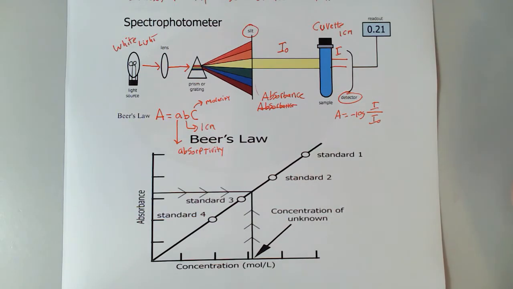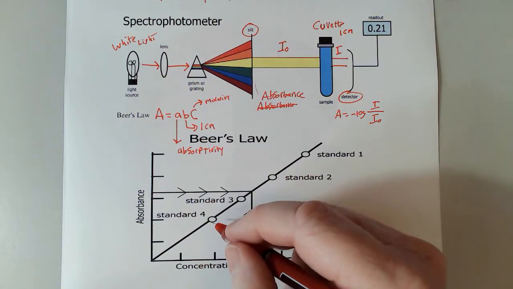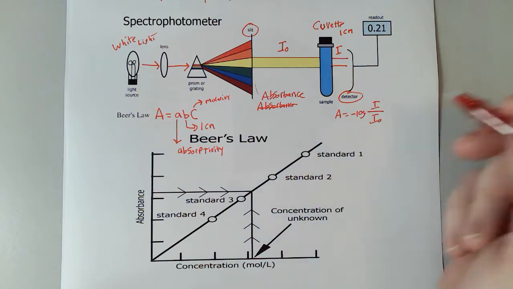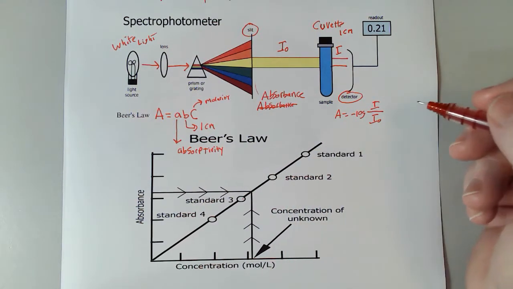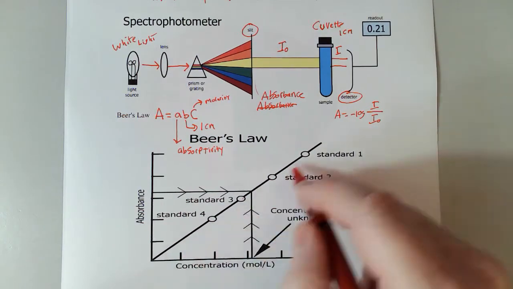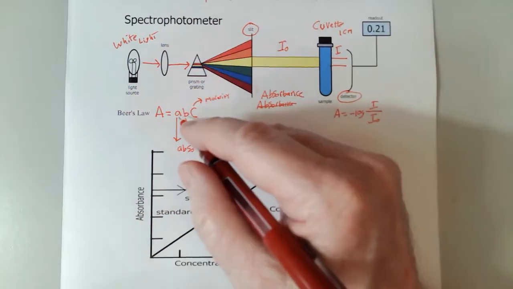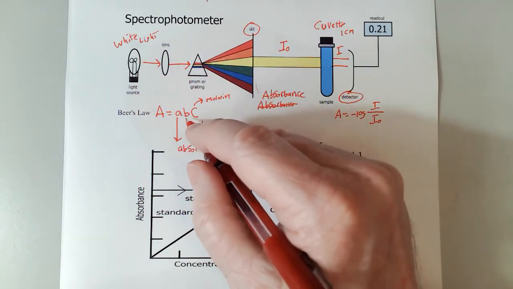So what you're seeing here is you have a linear equation. So what we can do, if we wanted to determine the concentration of an unknown, is we will take 4 known concentrations, we'll call them standards, and measure their absorbance. And we can get this line, and interesting to know that the slope of this line would be equal to A times B up here.